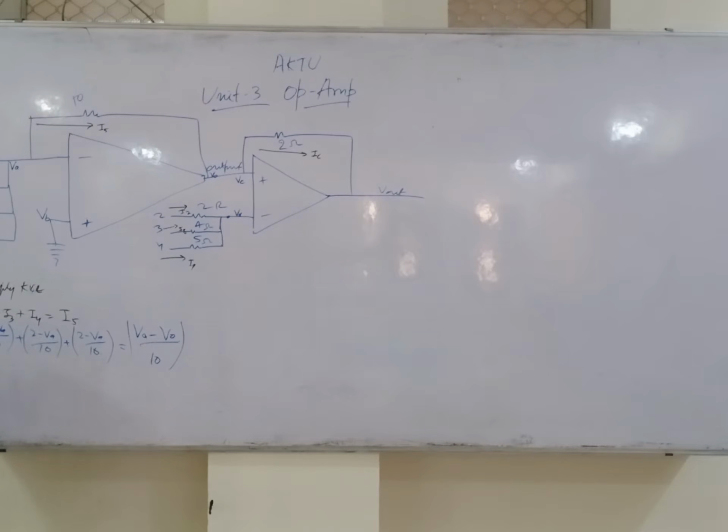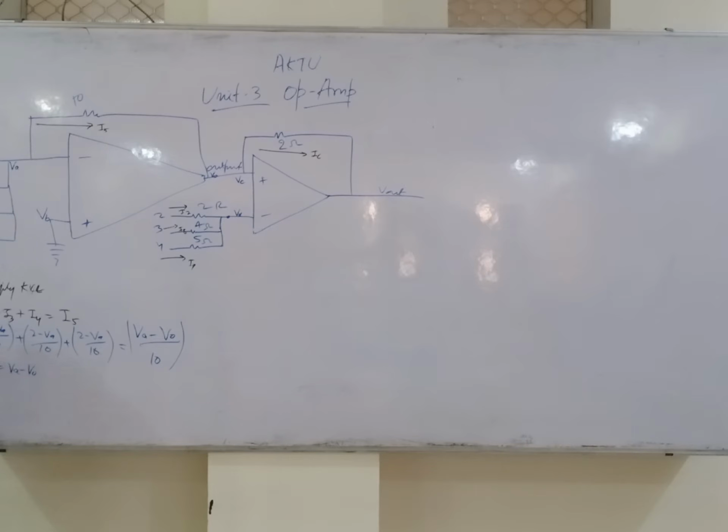So 2, 2, 2, 2, that is 1, 2, 3, 4: 4 times 2 is 8, minus 4VA is equal to VA minus V output.